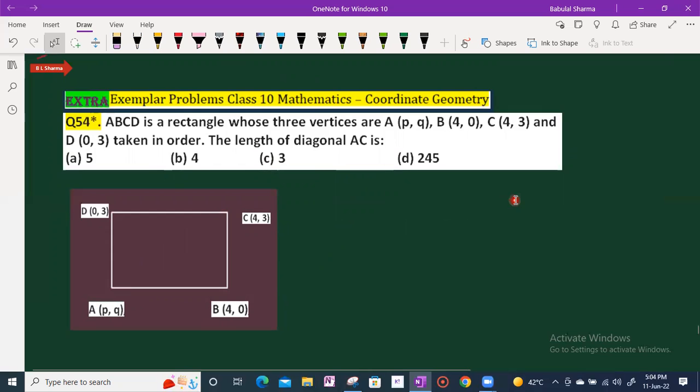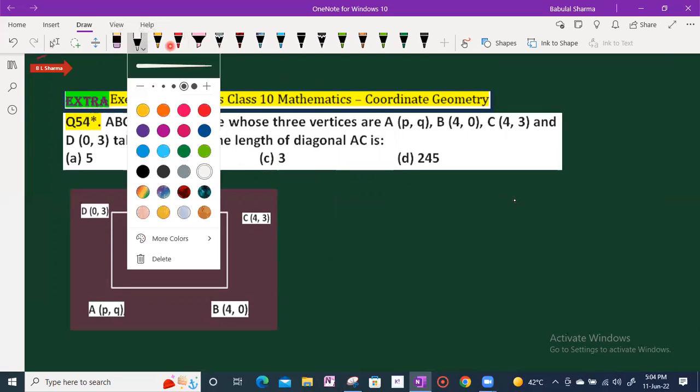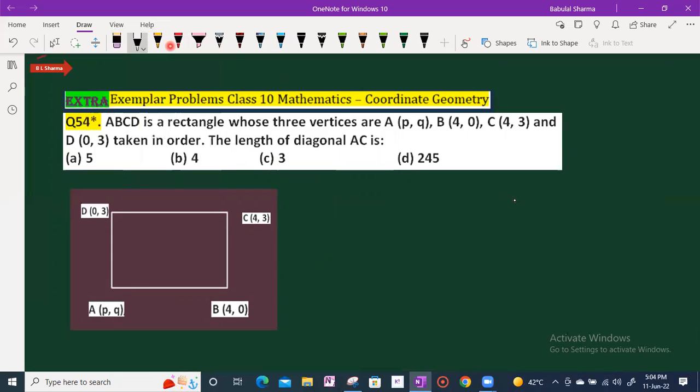हमें पता है कि rectangle में both diagonals are equal. We know that in rectangle diagonals are equal, so diagonal AC is equal to diagonal BD.